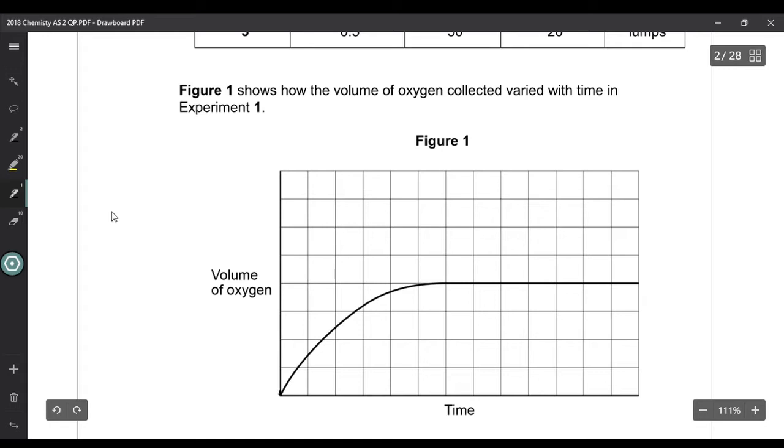But the line is going to be steeper because the reaction is happening quicker because we've got a powder instead of lumps. But it's still going to level out at the same amount of oxygen because we've got the same amount of peroxide. So we label that experiment 2. So all that's happening in this experiment is, because it's a powder, the reaction is occurring faster, so we've got a steeper line, but we're going to have the same amount of oxygen that is released.